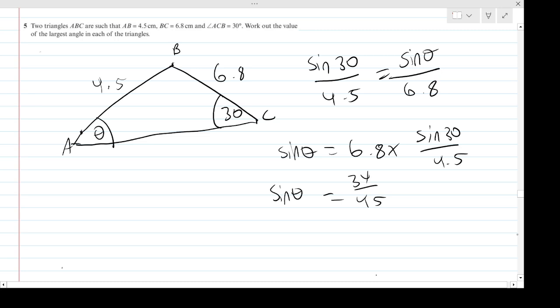So then if I do the inverse sine on my calculator, I get the value of theta here is 49.073 degrees. Okay. Well, of course, that won't be the only solution for theta. There'll be another one as well, because again of this ambiguous case, this produces two angles actually.